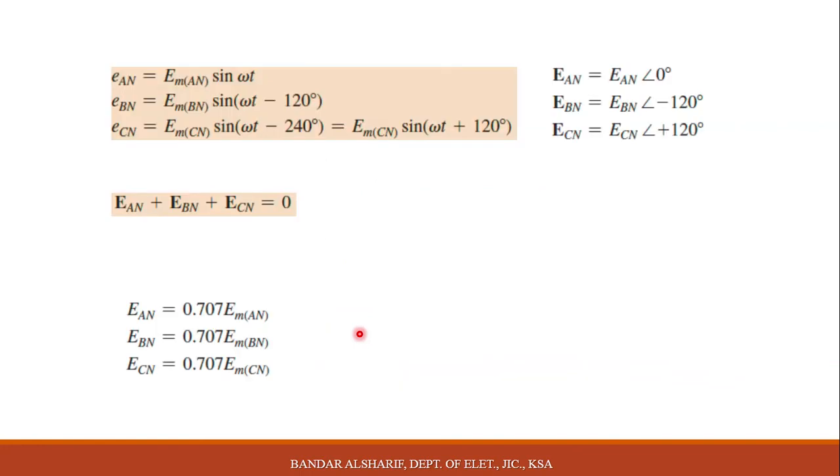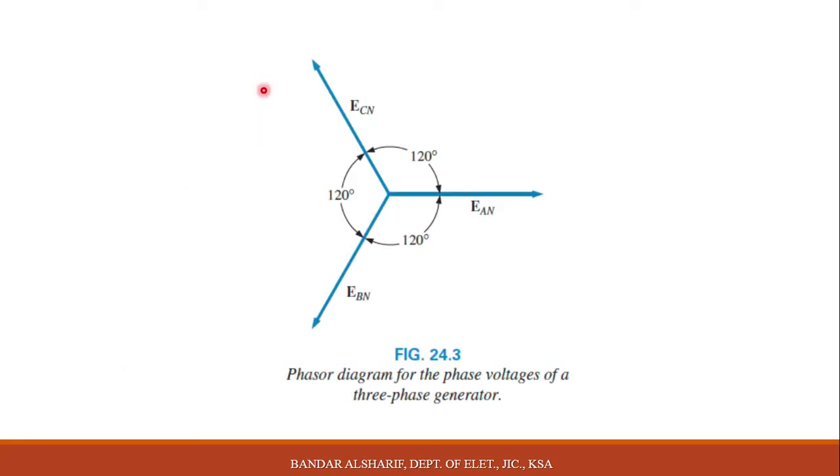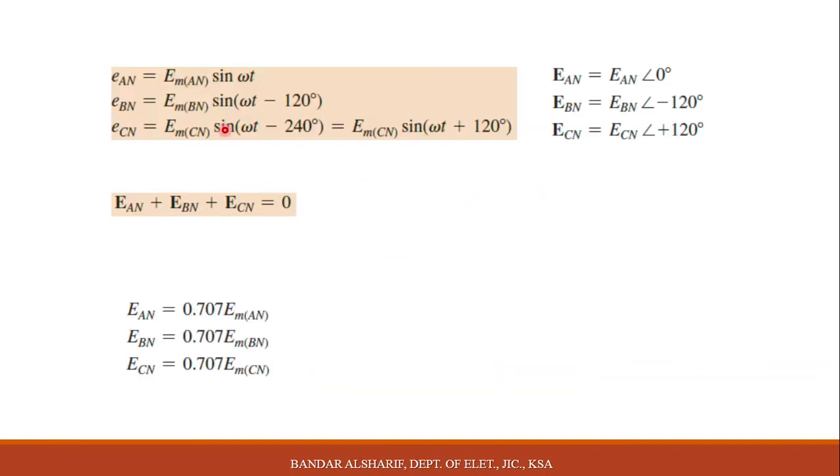As we said, the vectors or the sinusoidal waveform, we can express as a sinusoidal expression. Since it starts from 0, for EAN we will write EMAN, which means the peak value for the phase, sine omega t without any angle.